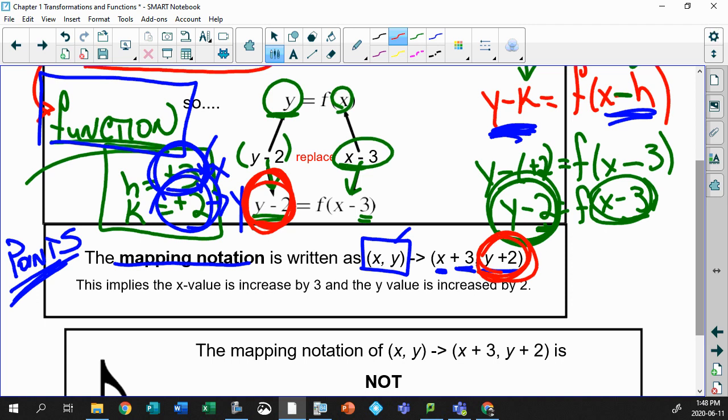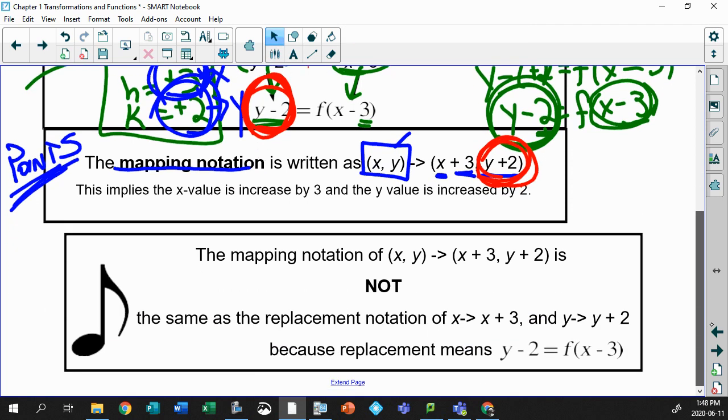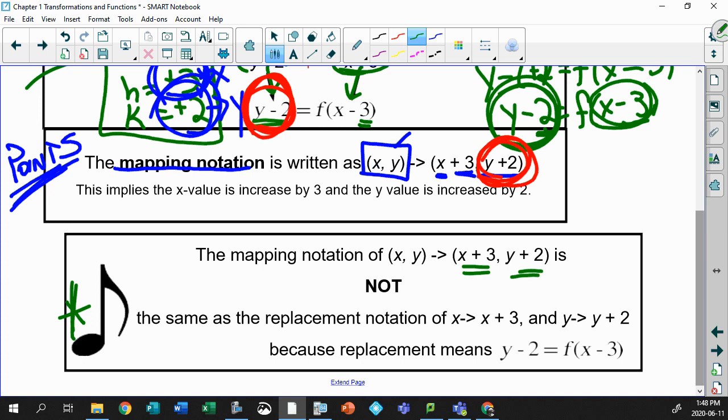Oh, let me throw one more thing at you. Remember, this one's really important. Mapping notation looks like this. Don't get it confused. This does not mean this, right? You're not saying, oh, take the x and replace it with x plus 3.